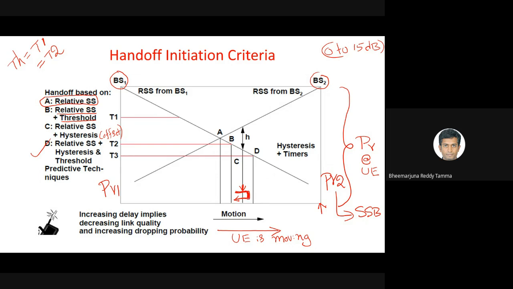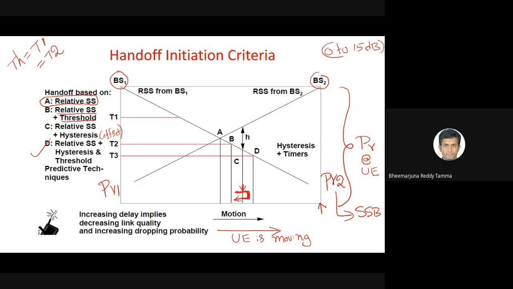And now the user has come back here, at point C also, the difference in the signal strength, if you look at here, between the current base station and the other base station, in this case, okay, now if I come back here, so if you look at here, you are not satisfying this condition, right?